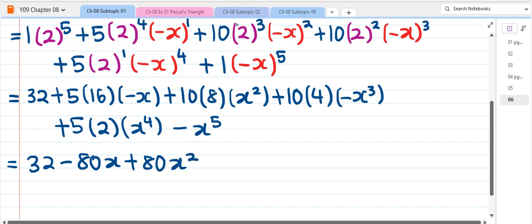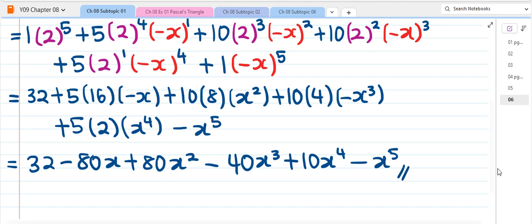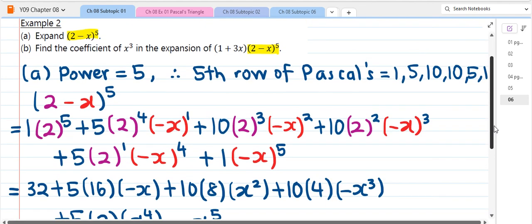And here 10 times 4 is 40 times negative x cubed will be minus 40x cubed. And 5 times 2 is going to be 10, plus 10x to the power of 4. And lastly x to the power of 5. So this is the complete expansion of 2 minus x to the power of 5.